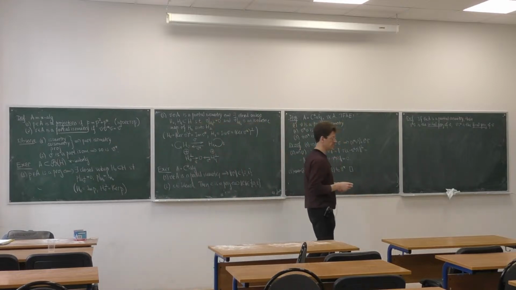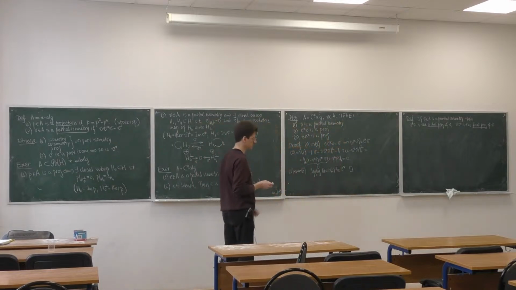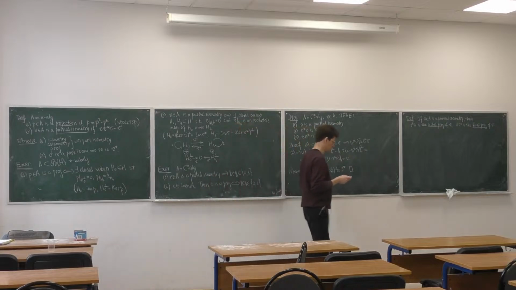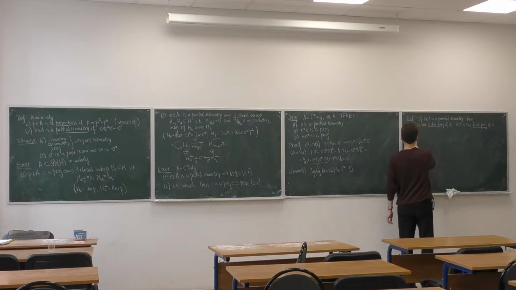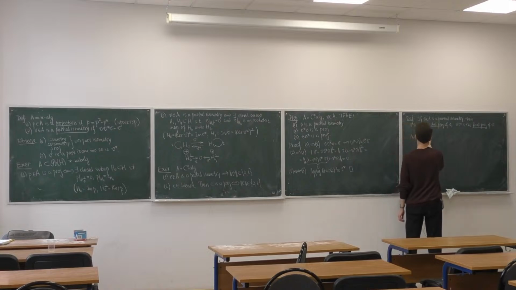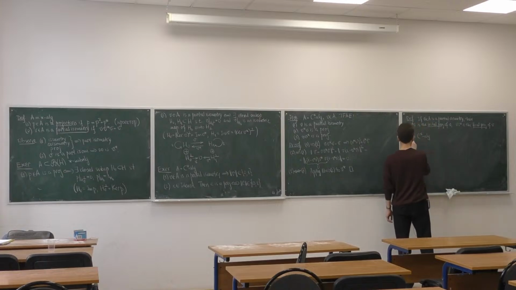Our next goal is to prove a simple but useful result, which gives us a polar decomposition formula for invertible elements in any C-star algebra. Suppose that A is a C-star algebra. And let's introduce some notation.